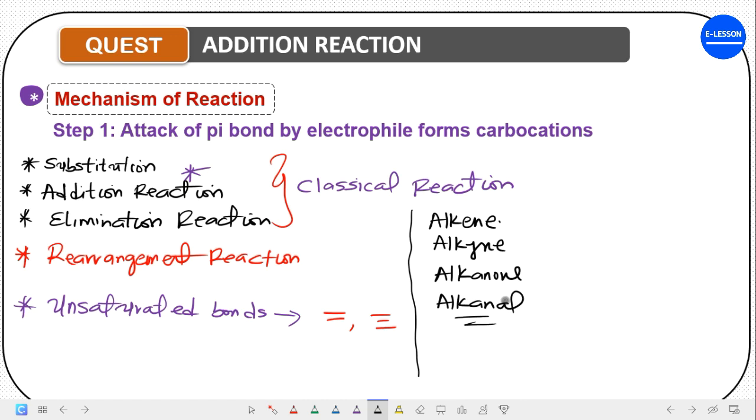Okay, so these are the major functional groups that have these unsaturated bonds.